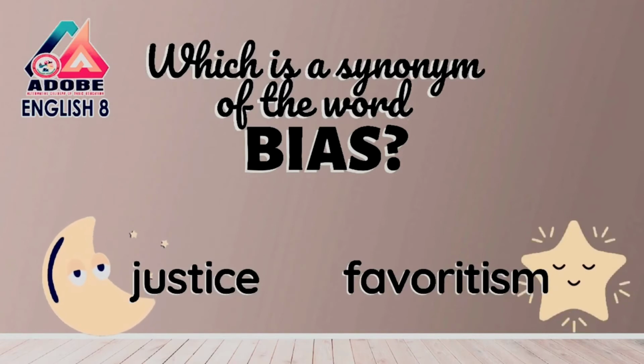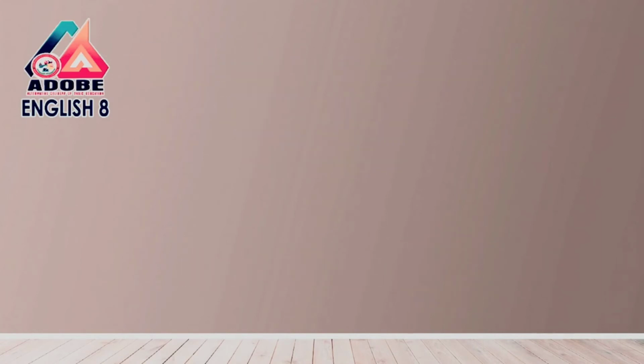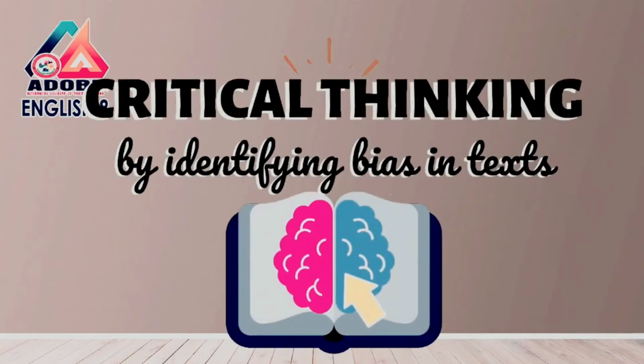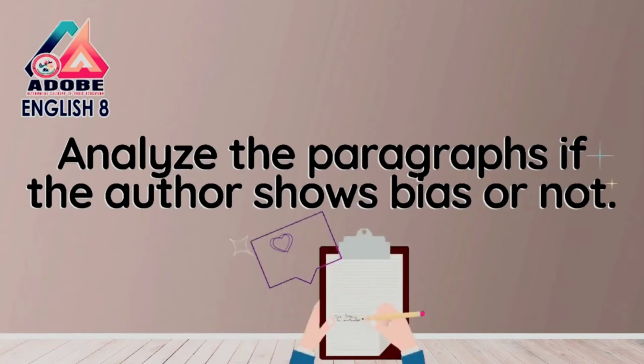Which word is a synonym of the word bias? Great job! The term favoritism is synonymous or has a similar meaning with the word bias. Let us now test your critical thinking skills in identifying the author's bias in texts. Analyze the following paragraphs if the author shows bias or not.